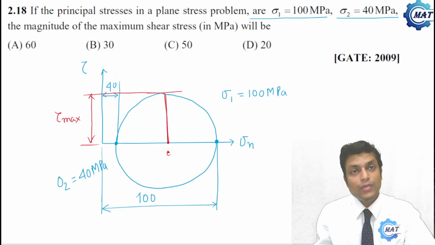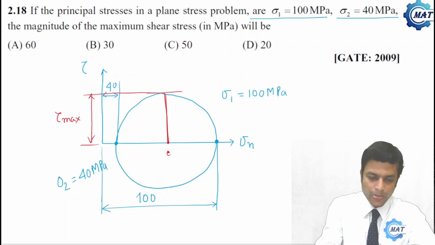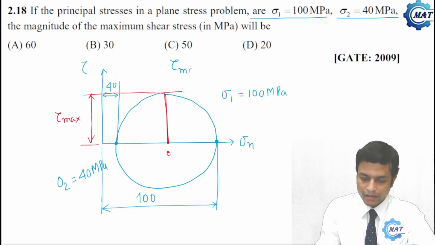Tau max is nothing but the radius of the Mohr circle. So what is the radius of the Mohr circle? If this is 100, this is 40, then tau max will be, let me write it down here.